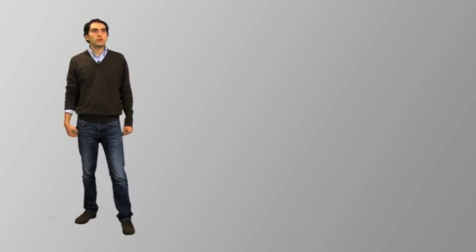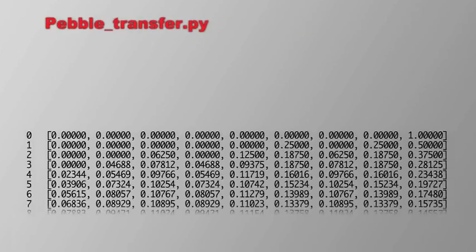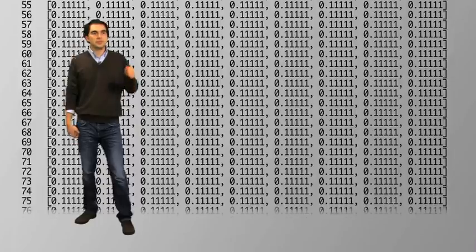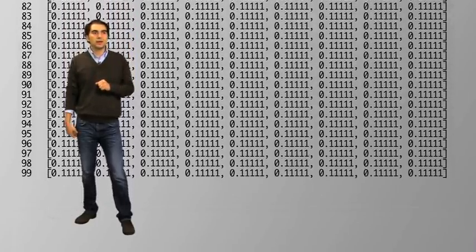To do so, we consider again the output of transfer.py. Here we find the probability to reach any site starting from the upper right corner. Let us now subtract the equilibrium value, 0.1111, and take the absolute value.